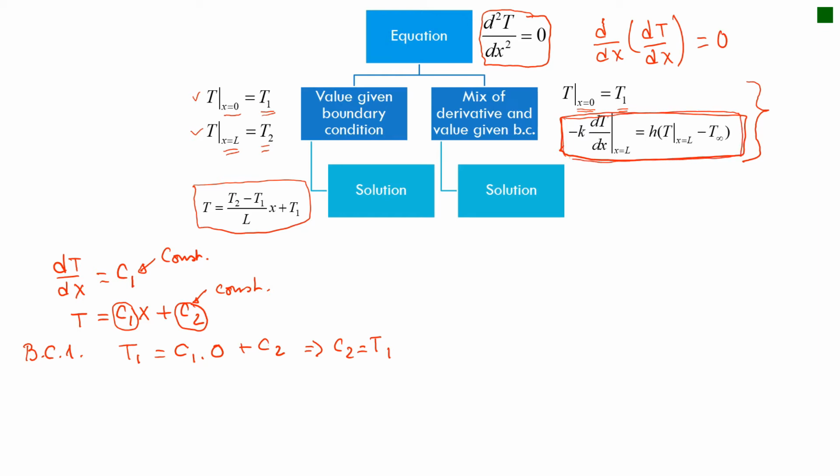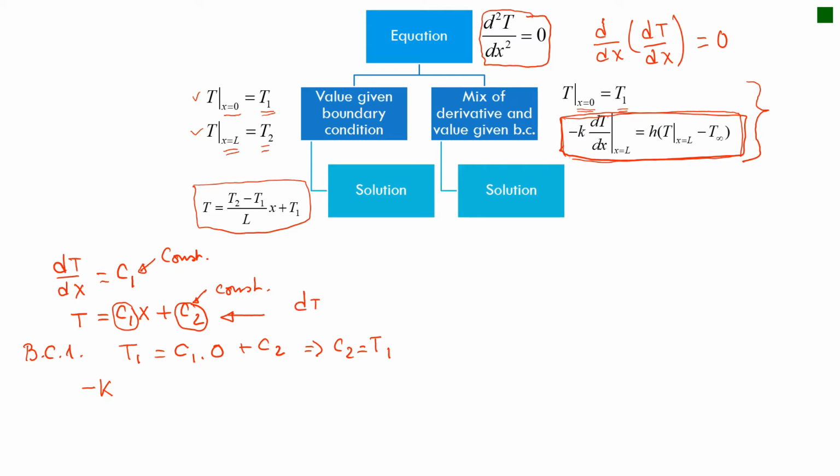Okay. Now you notice it is a bit different. So we could write minus k and then dT/dx at x equal to L. So my T is C1 x plus C2.